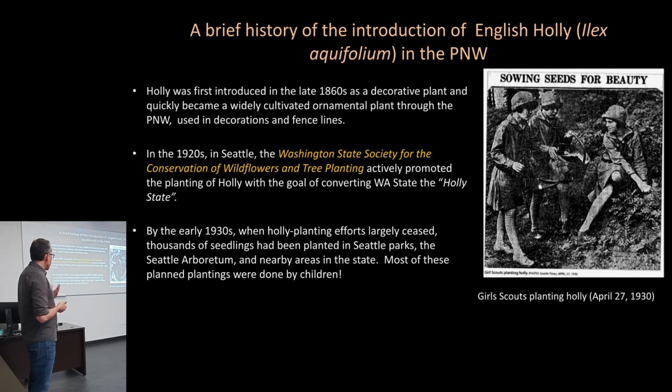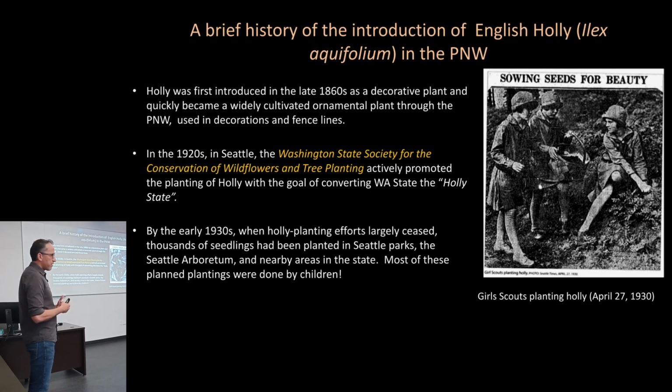In the 1930s, these planting efforts actually scaled down and ceased, but a lot of seedlings were already planted. More than 30,000 seeds were already dispersed. And most of this planting was done by children from groups like Boy Scouts, Girl Scouts, and some other groups around the city.